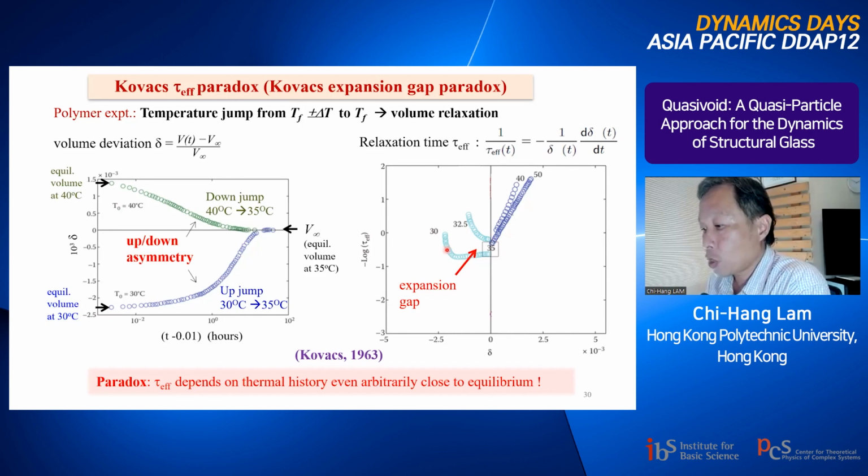But for an up jump from a very low temperature, from 30 to 35 degrees Celsius, it seems that even very close to the equilibrium, when the deviation is close to zero, tau effective is different from the other values. So this is the so-called expansion gap, and it is a paradox because tau effective depends on the thermal history, even when we are very close to equilibrium.